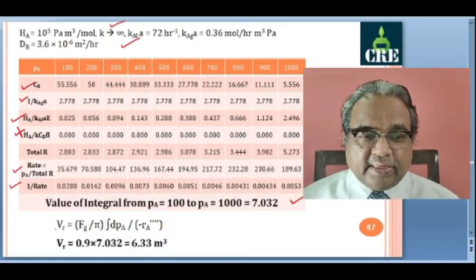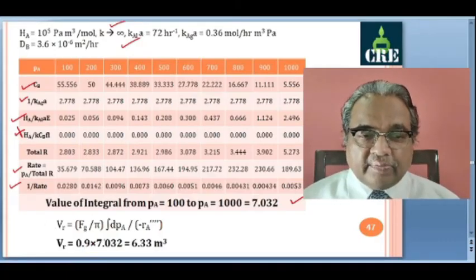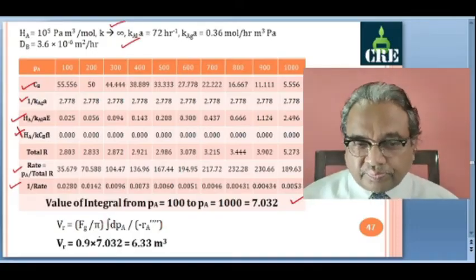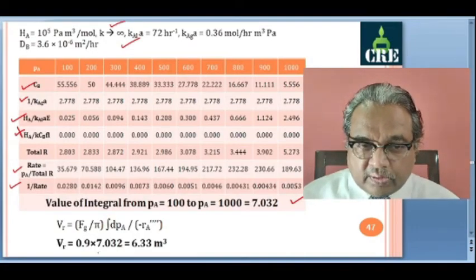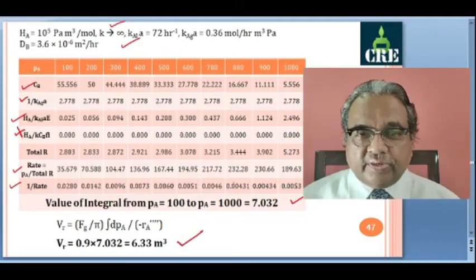7.032, and in design equation Fg by pi I know 0.9, this value is 10 raised to 5, 7.032. If I multiply by this I get 6.33 meter cube.